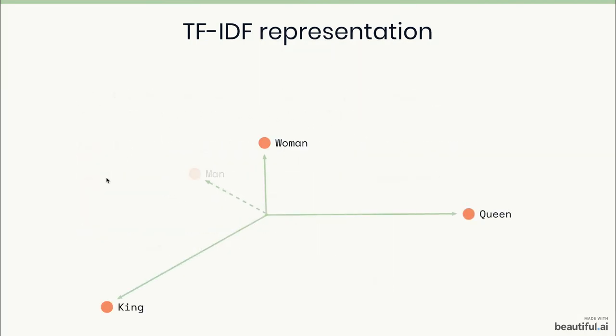If we want to visualize the TF-IDF representation, it's the same as bag of words in that all the words are still independent, but the rarer words such as king and queen are now assigned a larger weight, which we can visualize here by assigning a longer vector.